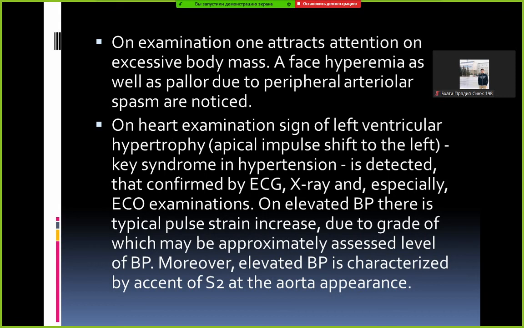Cardiac syndrome of hypertension is detected that is confirmed by ECG, X-ray, and especially by ultrasound. On elevated blood pressure, there is typical pulse tension increase, by the grade of which the level of blood pressure may be approximately assessed. Moreover, elevated blood pressure is characterized by accent of S2 on aorta.